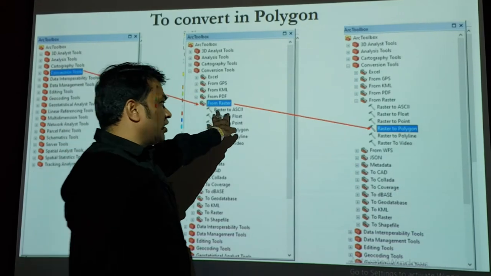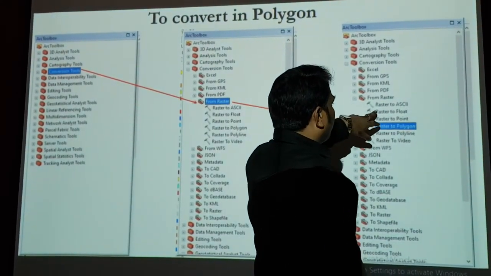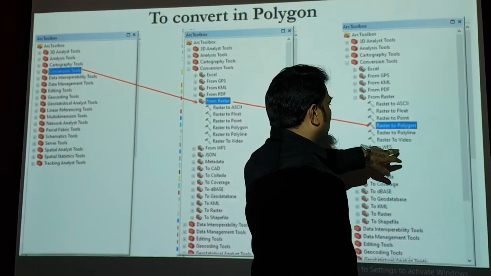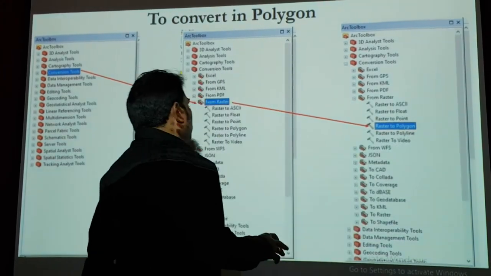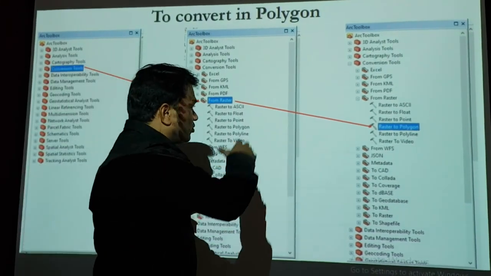clicking From Raster, you will go to Raster to ASCII file, or Raster to Float, Raster to Point, or Raster to Polygon, or Raster to Polyline, or Raster to Video. Now we are converting this mosaic file, raster, from raster to polygon.